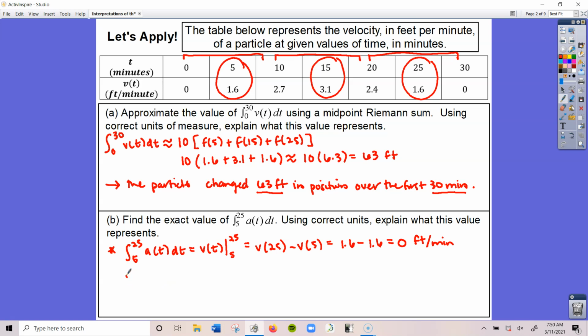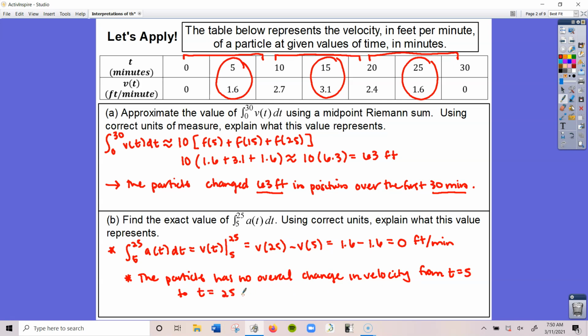So we can state here that the particle has no overall change in velocity from t equals 5 to t equals 25 minutes.